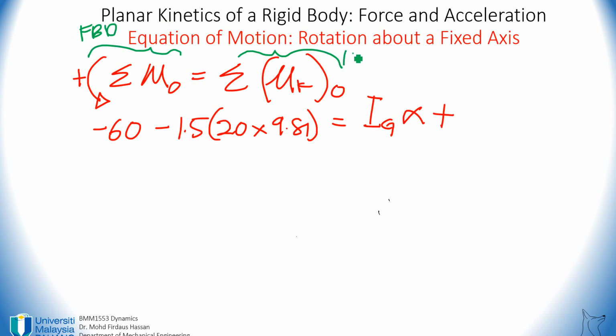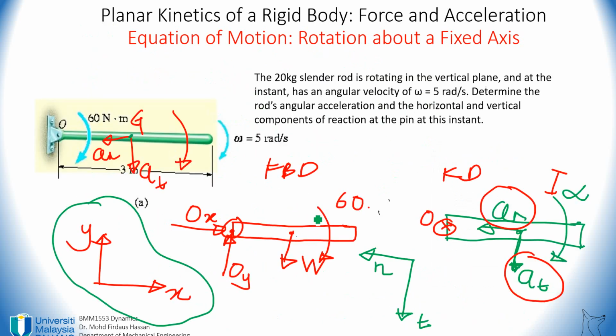This comes from the kinetic diagram. Okay, don't forget about that. So if you are looking at this equation, this comes from the 60 and weight. So OX and OY are not counted since they cross the point O, so they are not counted to calculate the moment.